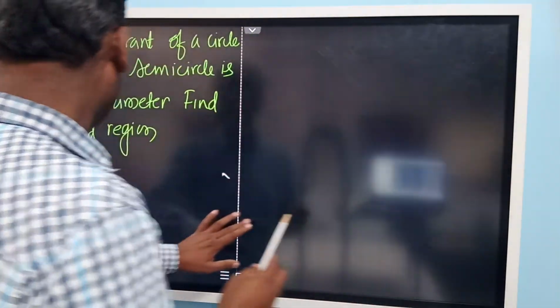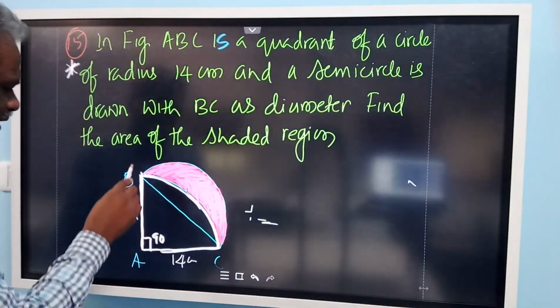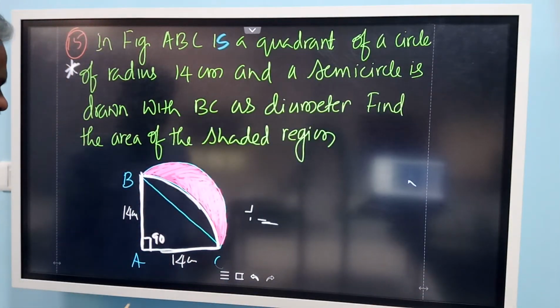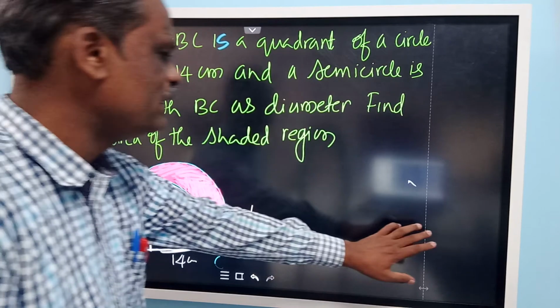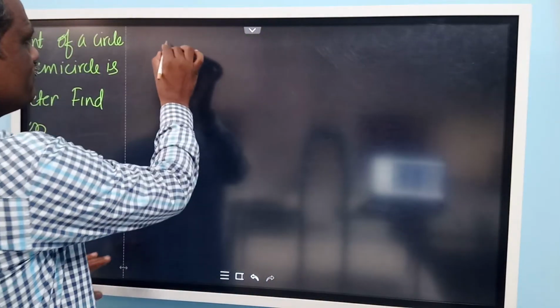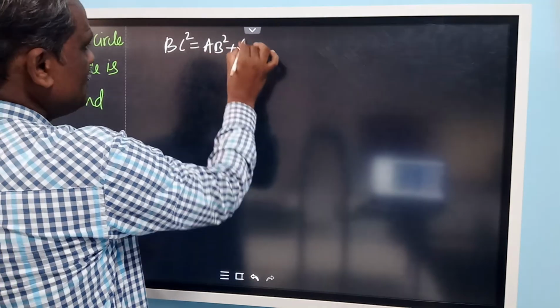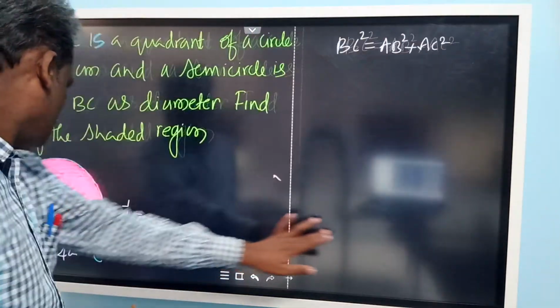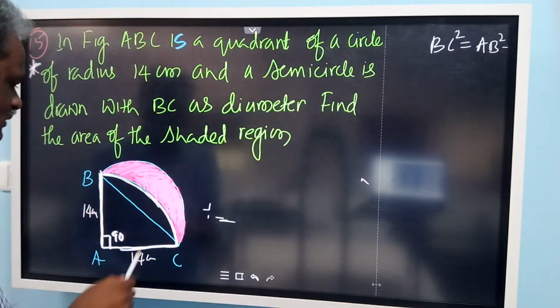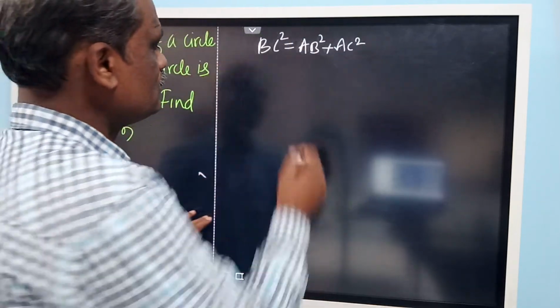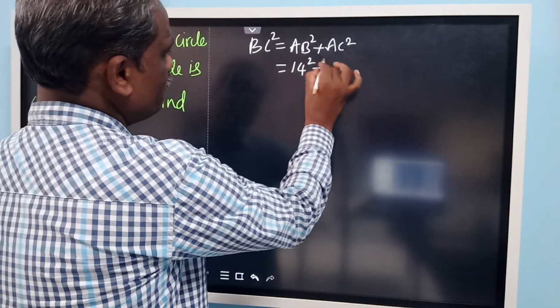First let us find out the area of the semicircle. How to find the area of the circle? It is given only AB and AC we know. We need to find out BC by Pythagoras theorem. BC square is equal to AB square plus AC square. So that is 14 square plus 14 square.